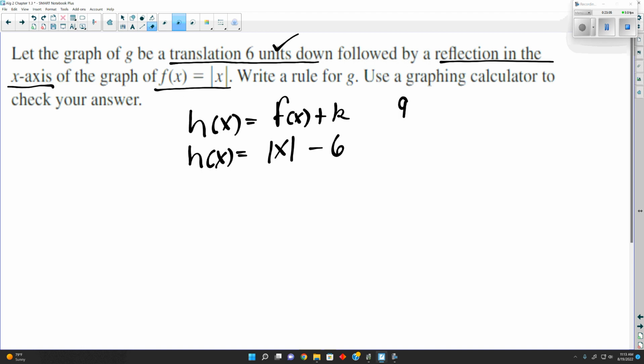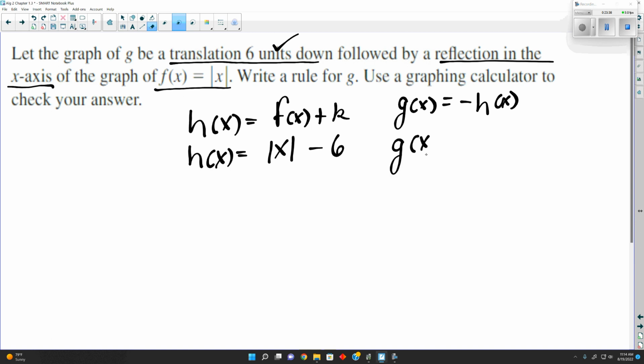Now, to get to our function g of x, the reflection in the x-axis is our negative, or well, in our case, it's not f of x, it is negative h of x. Because f of x was our original function, the absolute value of x, but we don't have that anymore. We've translated it 6 units down, which is now what we call h of x.